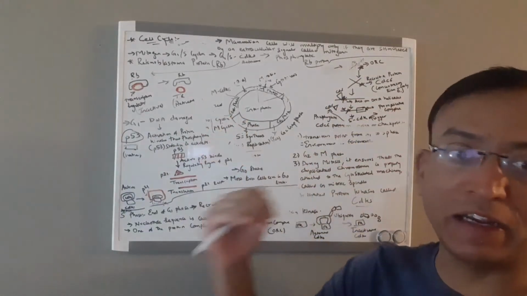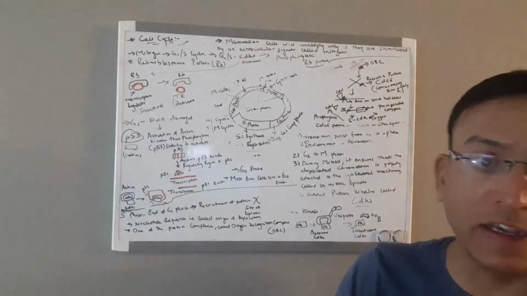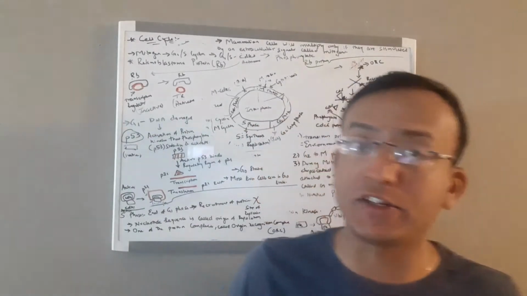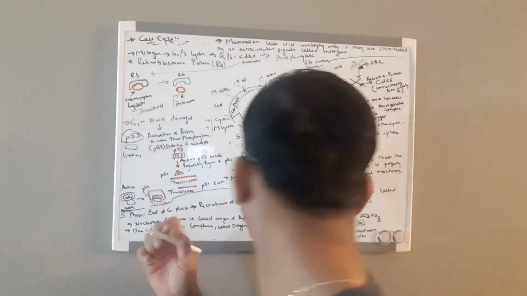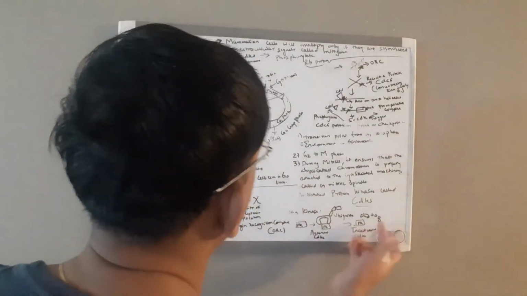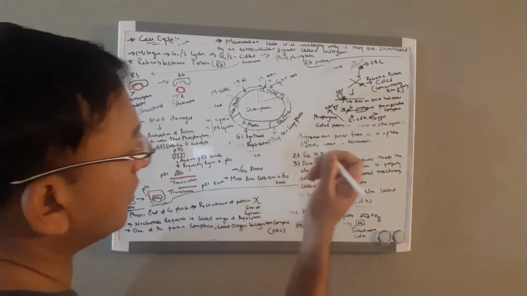How is MCDK activated? MCDK is first inhibited by phosphorylation at a particular site.